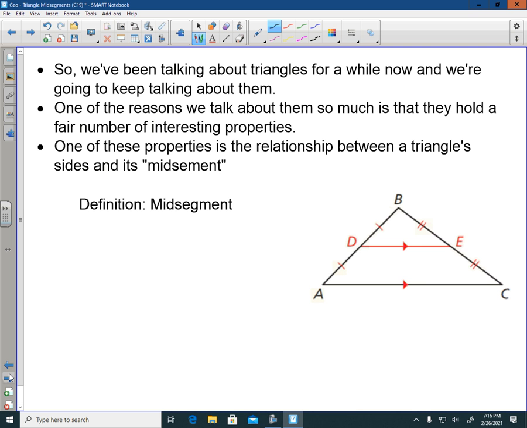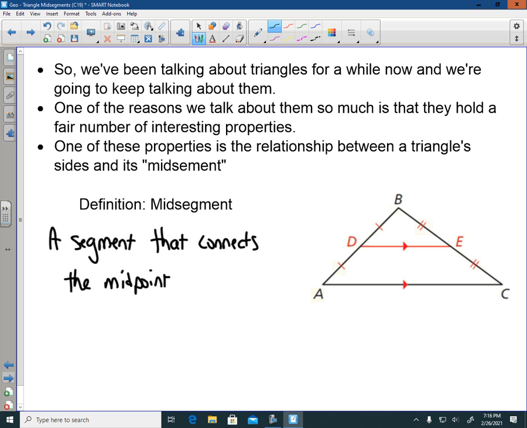A midsegment is a segment that connects the midpoints of two sides of a triangle. A segment that connects the midpoints of two sides of a triangle.